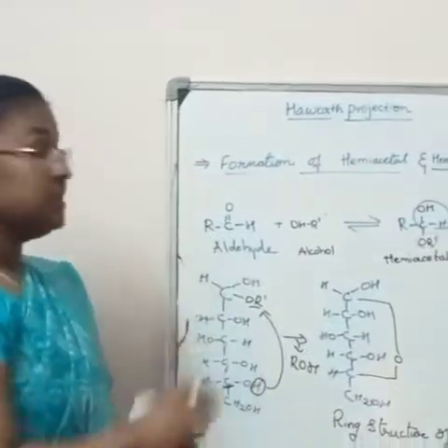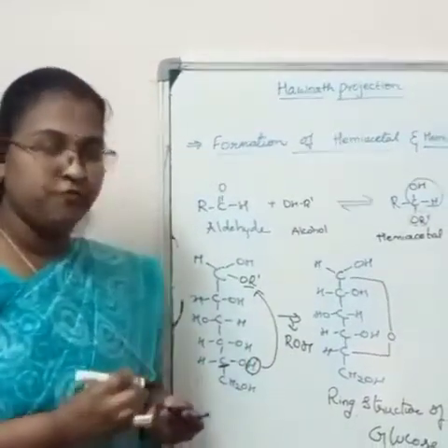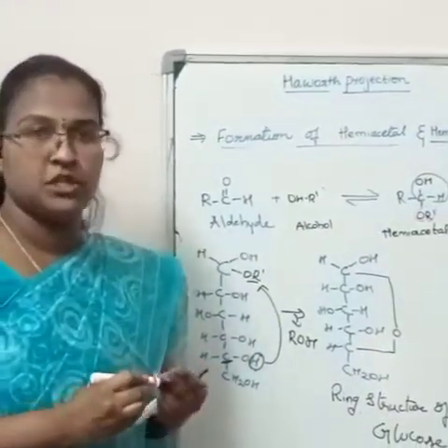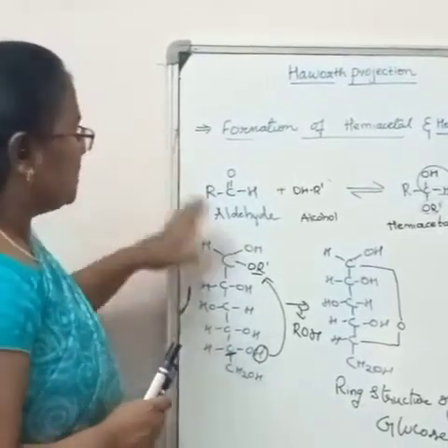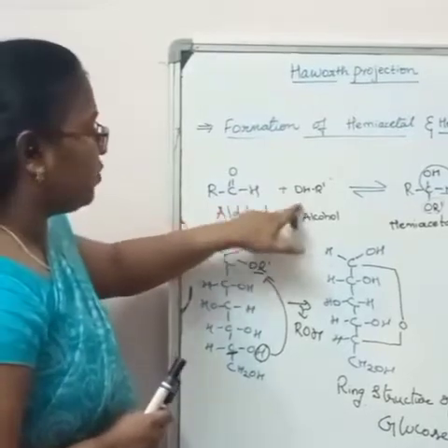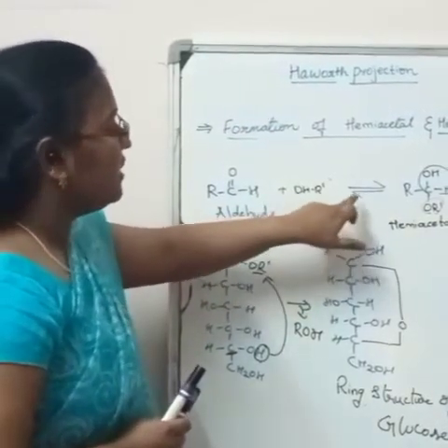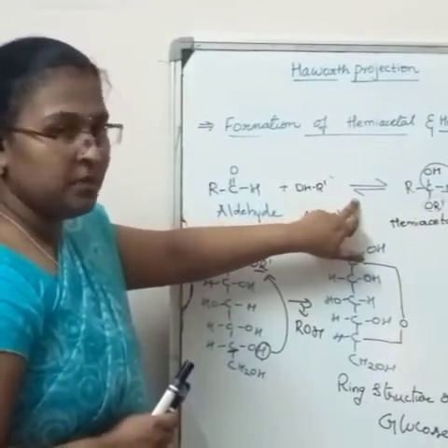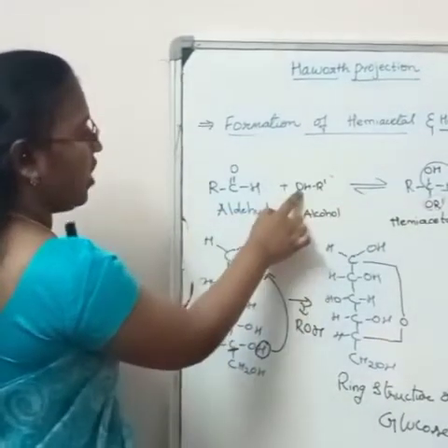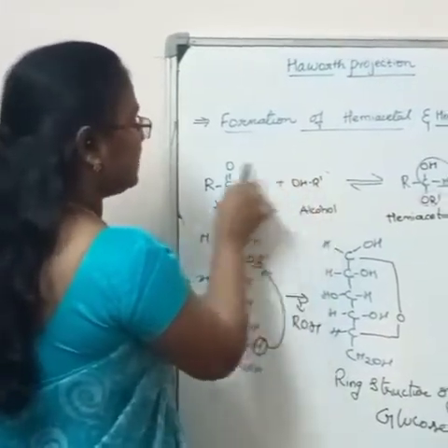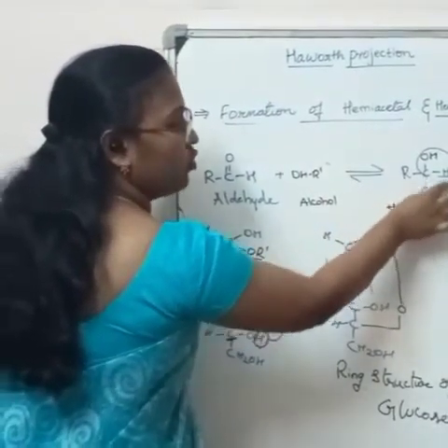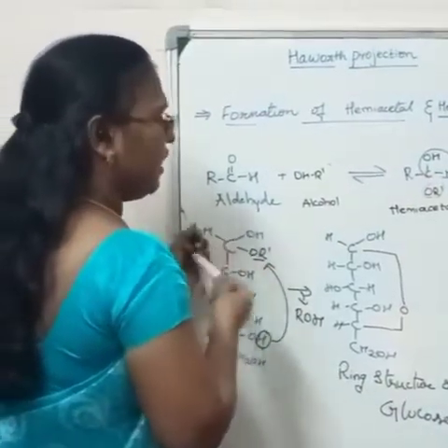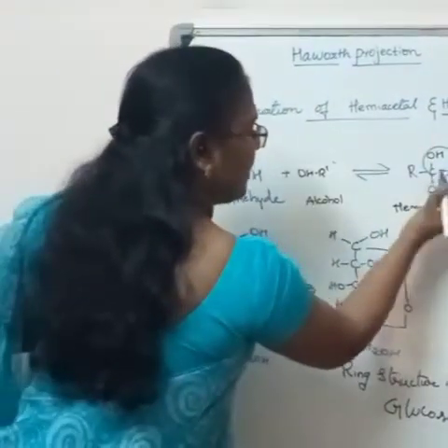This ring structure is helpful for us to put a Haworth projection. I hope you all are clear with this. I'll repeat once again. This is the aldehyde reacting with alcohol, and this is a reversible reaction where the alcohol group is added at this position, and the R group next.